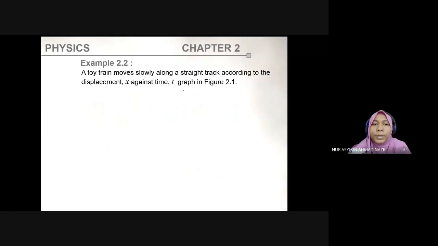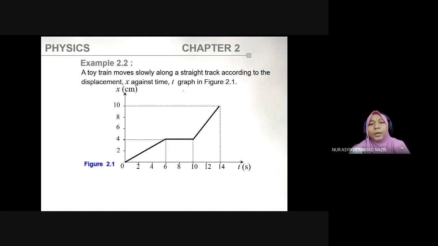For example, let's say we had a toy train moving slowly along a straight track according to the displacement x against time t. Okay, so because it's a toy train, we are not expecting suatu yang laju. So enough for us to have centimeter per second only.